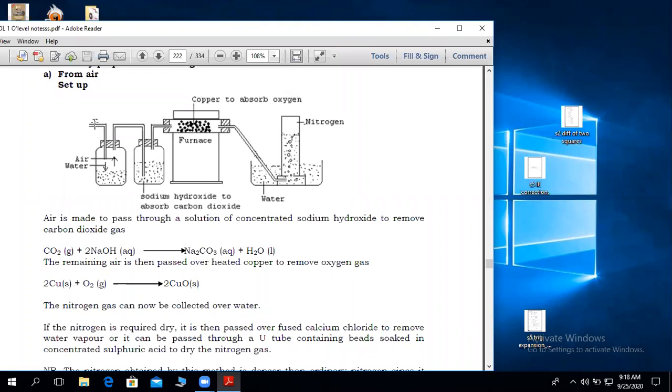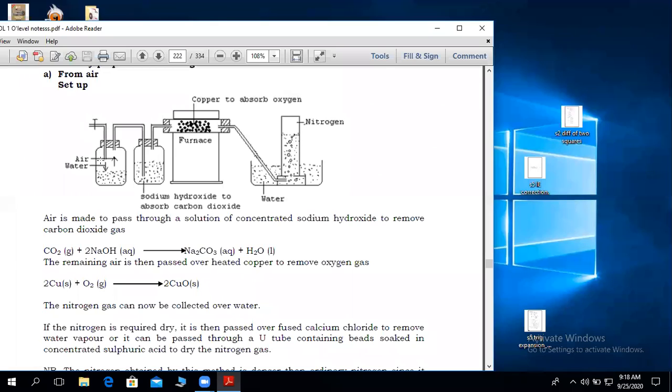But remember, majorly, the sample of air contains carbon dioxide, oxygen and nitrogen, because the percentage of oxygen is 21% and the percentage of nitrogen is 78. So those are the major components of air. So we feed in a sample of air here.